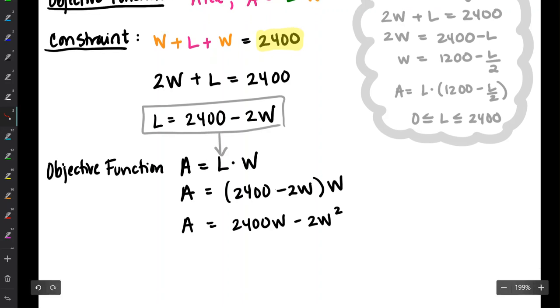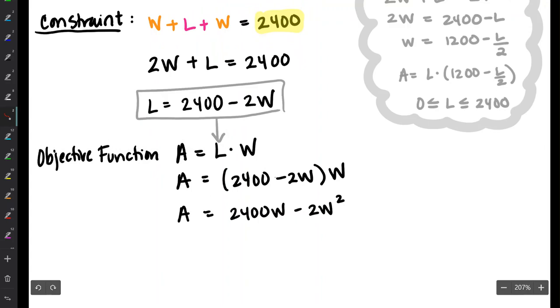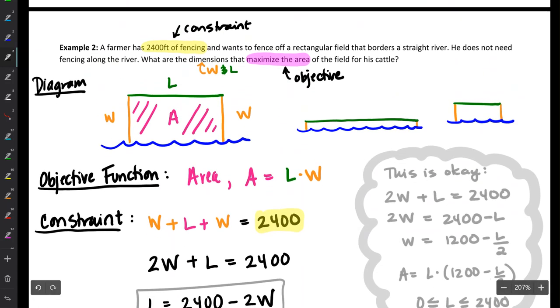So let's actually think about the domain right here, though. So here A is written in terms of W. So what we know, W's got to be bigger than or equal to 0. If the width is 0, you do not have a rectangle at all.